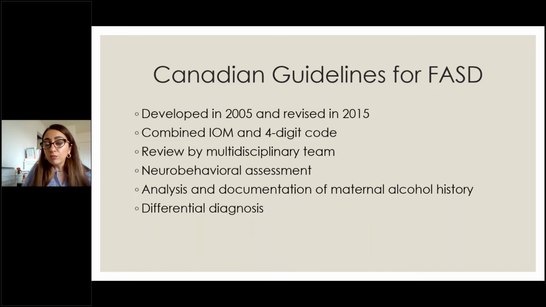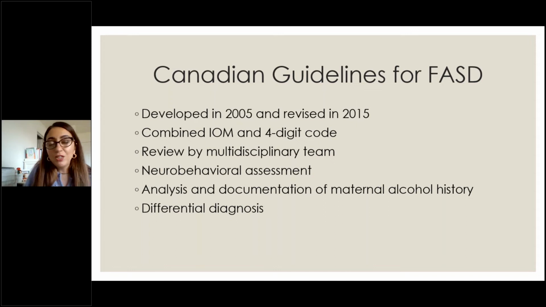And it does a really good job of how we can analyze and document maternal alcohol history. It gives us really nice examples of how we can elicit this information, because I'm sure some of you will give me examples like, well, Dr. Argun, we know there was exposure, but we cannot document it because it's not anywhere.